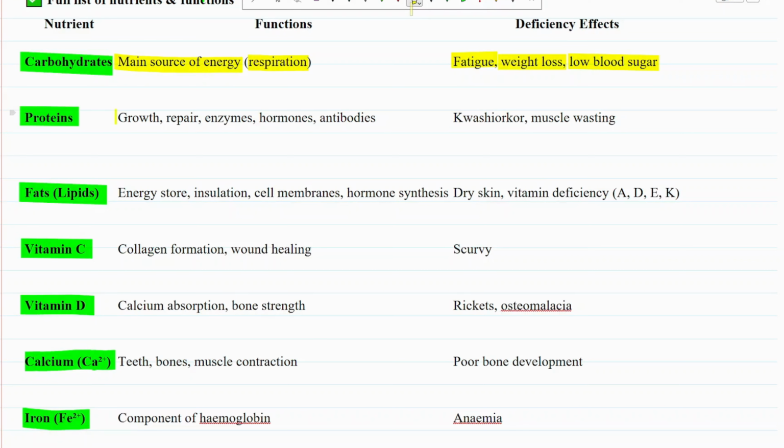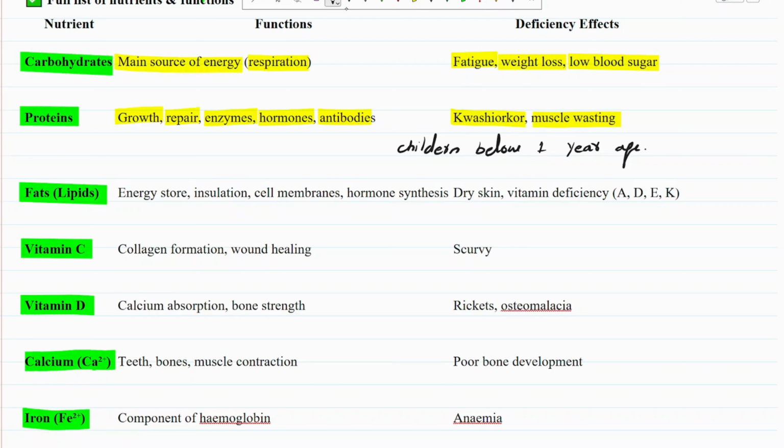Similarly, proteins are needed for growth, repair, enzymes, making hormones and antibodies. What would happen if it's deficient? Kwashiorkor and muscle wasting are the problems related to protein deficiency. What is Kwashiorkor? Kwashiorkor is a disease of children below the age of 1 year.